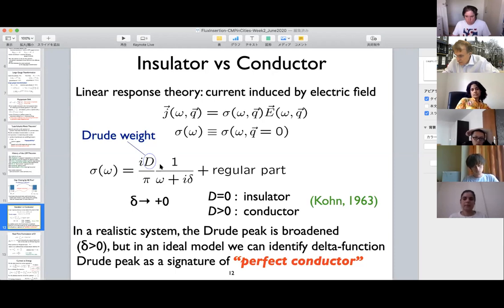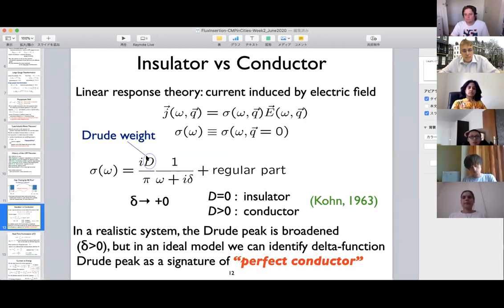And actually, this Drude weight is an important quantity with which you can distinguish insulator and conductor. That was already discussed in a famous paper by Walter Kohn in the 1960s.